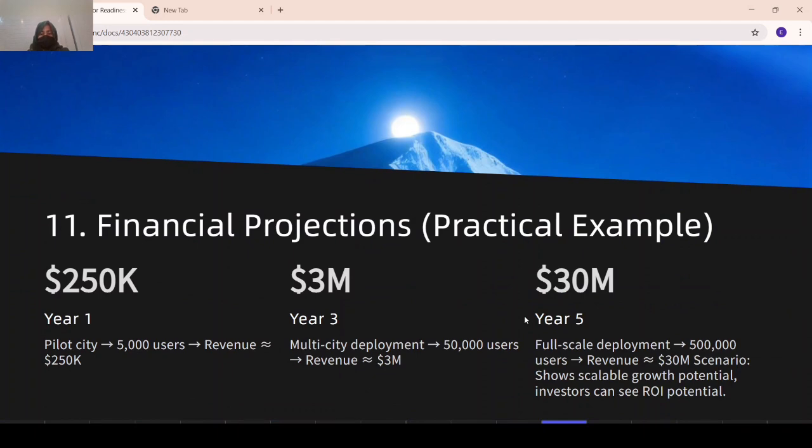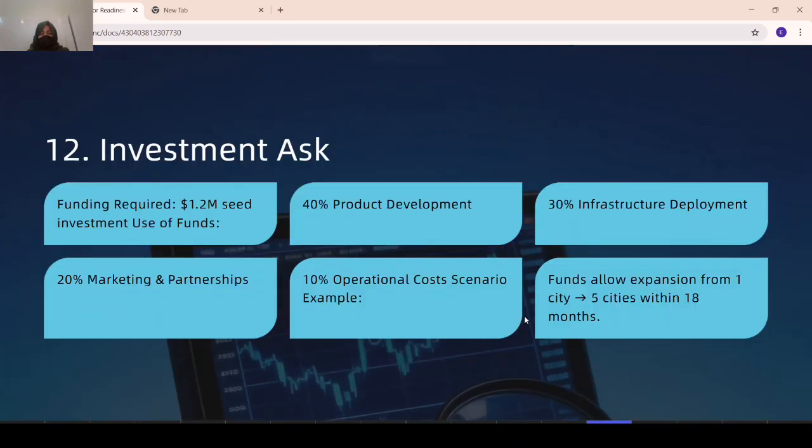Now the final projections, from a financial point of view. In year 1, pilot city, 5,000 users, revenue is $250,000. In year 3, it is $3 million, and in year 5, we will see 500,000 users, that is $30 million. Now, the investment ask.